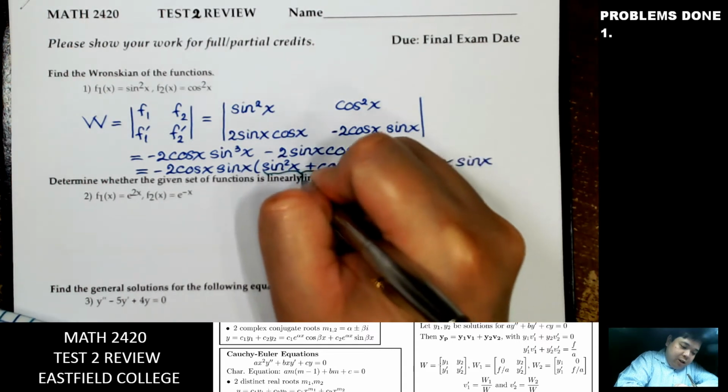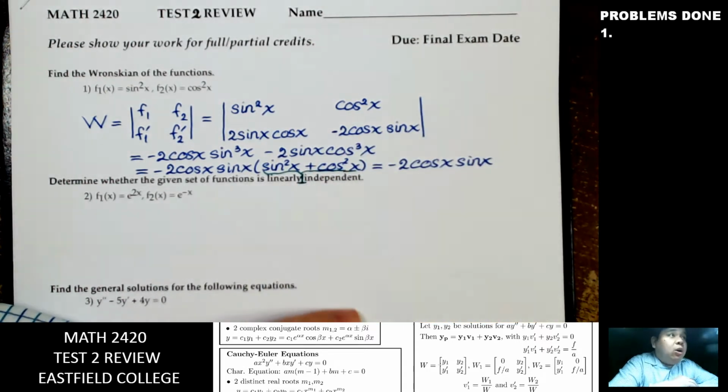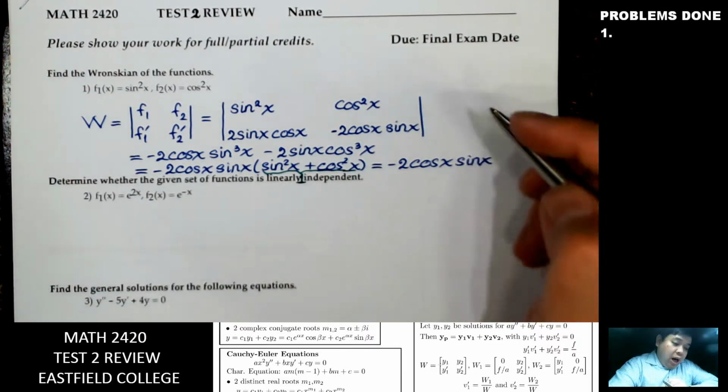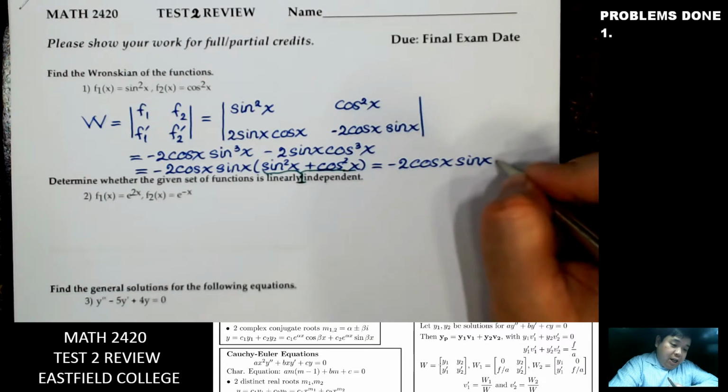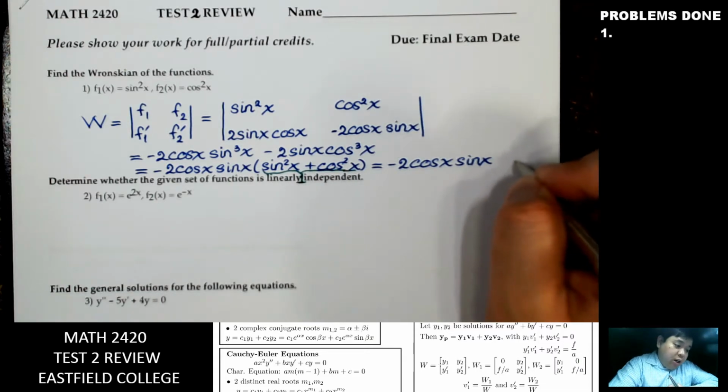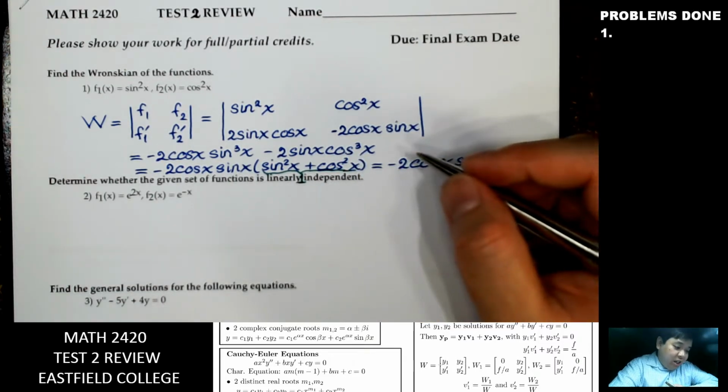By the way, the question did not ask us, but this function is not always equal to 0, so they are not linearly independent.